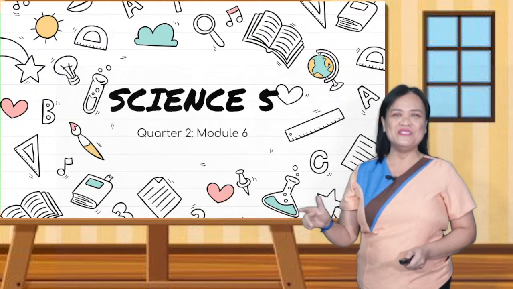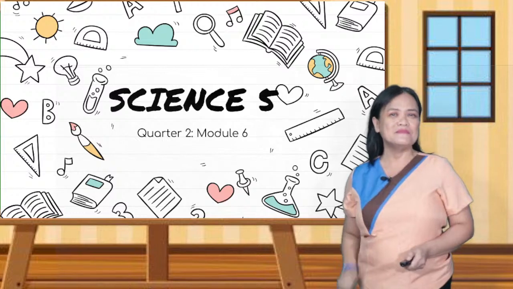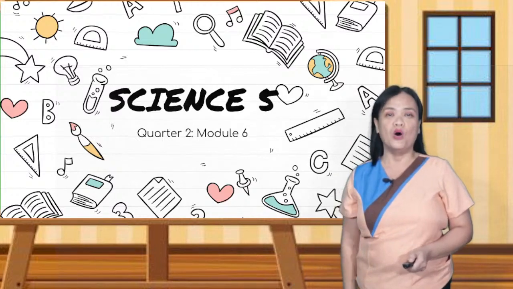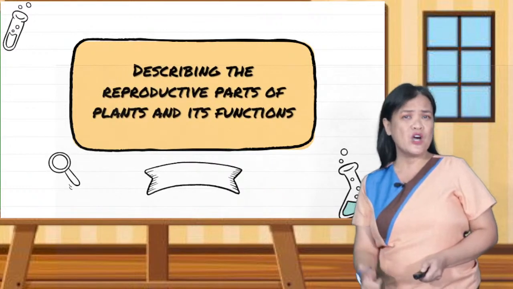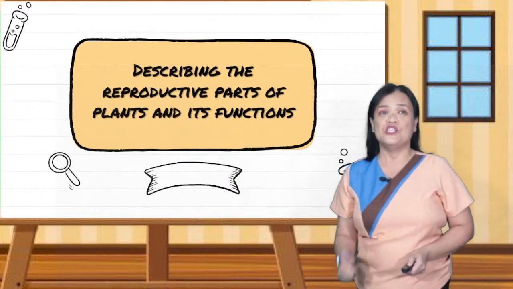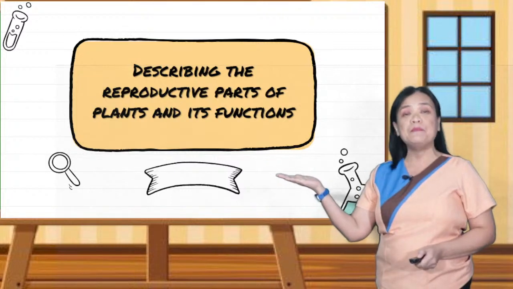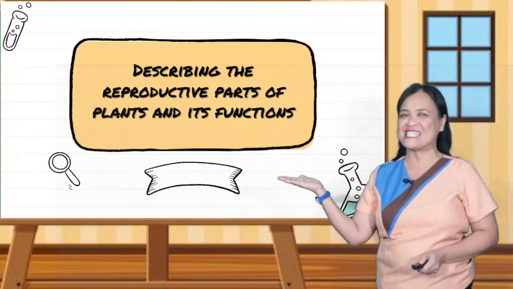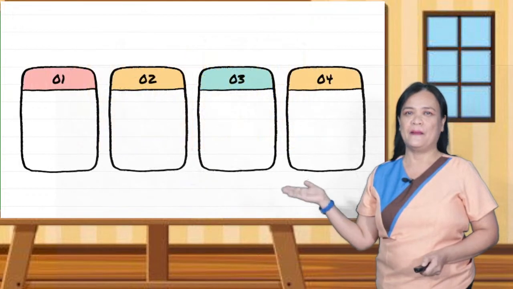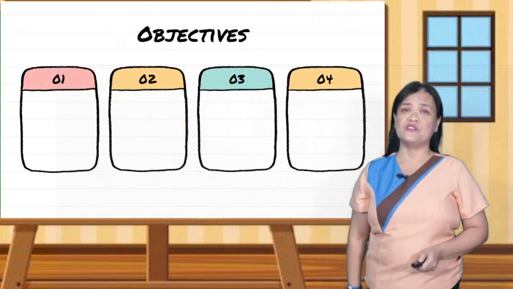Yes! I know you are ready and you are set. Okay? So, this is Science 5, Quarter 2, Module 6. Our topic for today is about describing the reproductive parts of plants and their functions. So, we have our objectives.